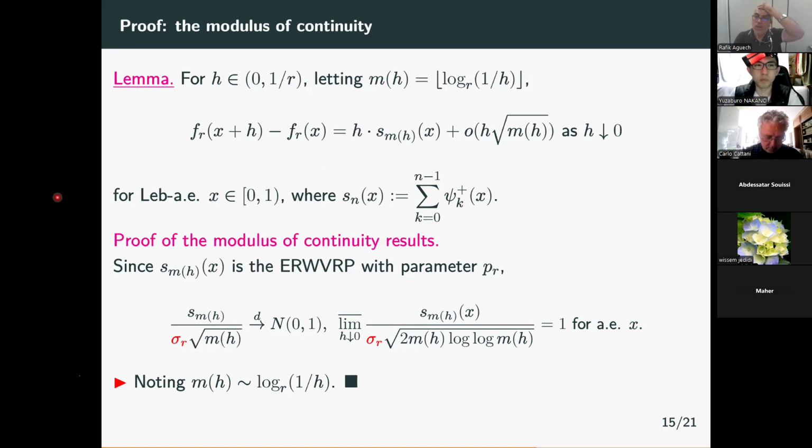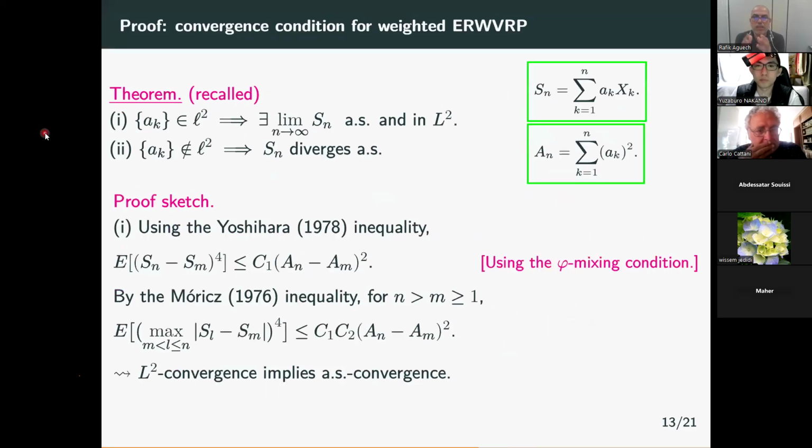Okay. Are there other questions, please? The localization criterion depends only on whether the summation of a k-square converges or diverges.